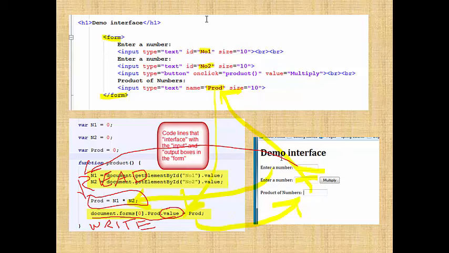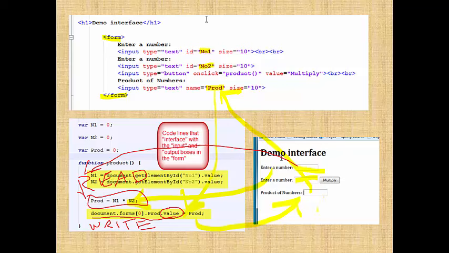So that's how we read. Again, this is a very simple program. Read the numbers in these boxes, make this calculation, and write the result into this box. And that's all there is to it.